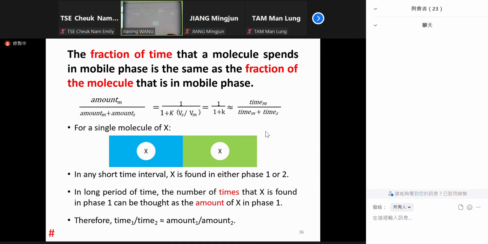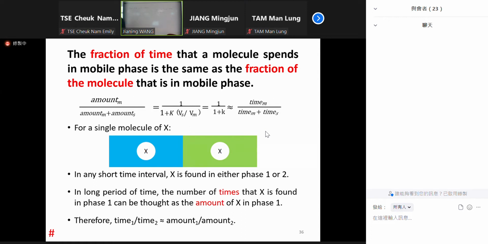So this is the time portion. But if you have 3 molecules, the amount portion is 2/1. So if you only have 1 molecule, it appears 2 times here and 1 time here. This is because of the basic principle of thermodynamics.